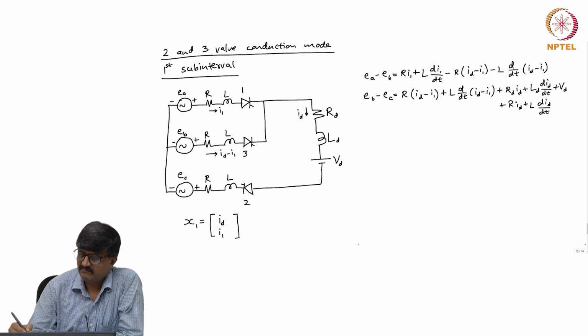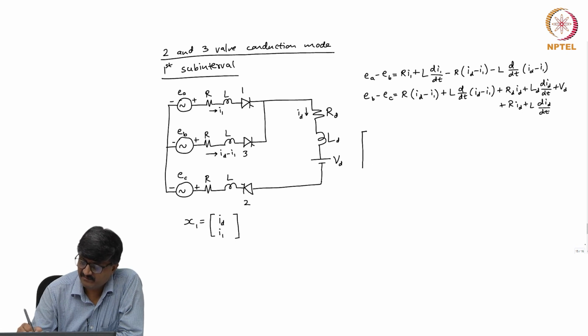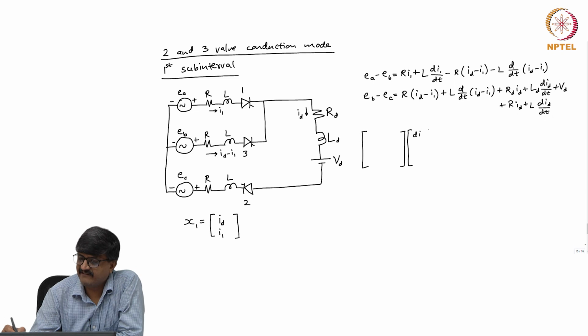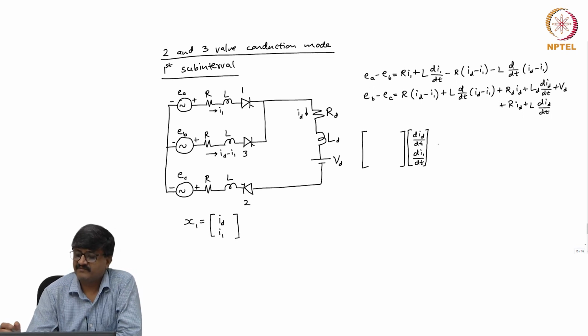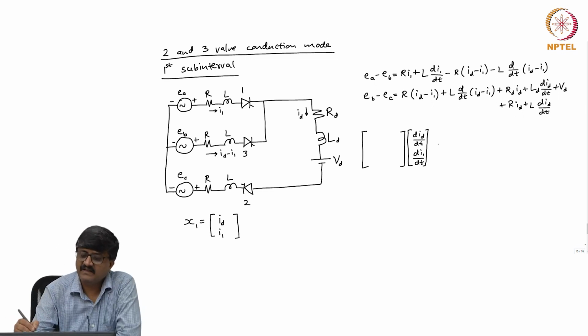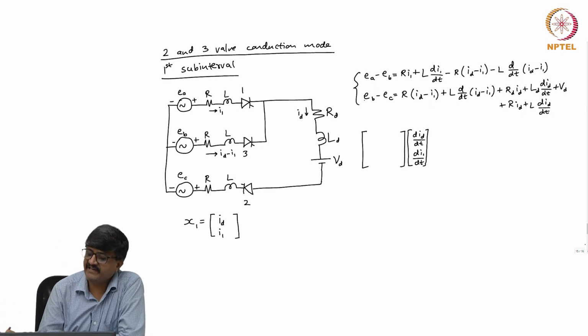I will write this as an equation in vector matrix form. I will take the terms involving the derivatives of the state variables, dID by dt and dI1 by dt.